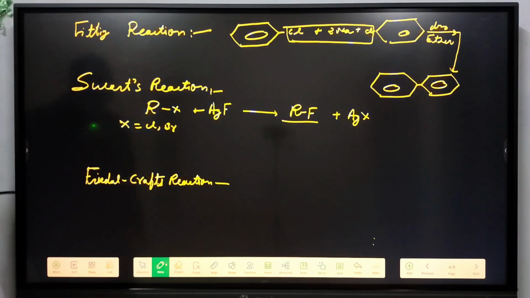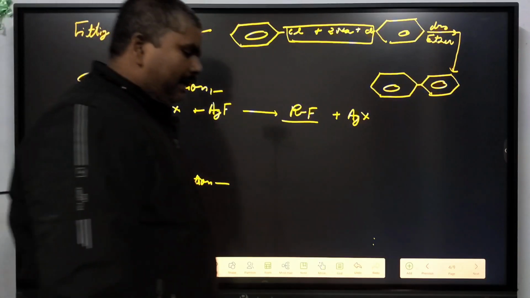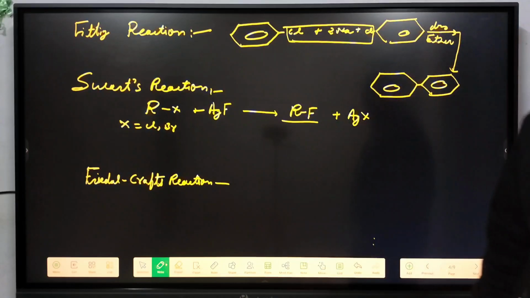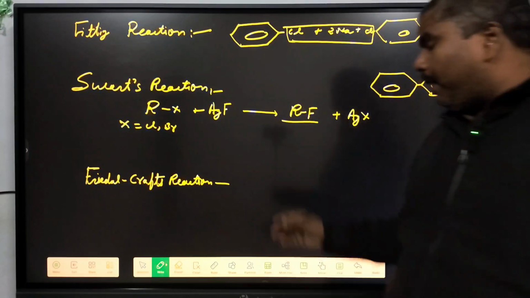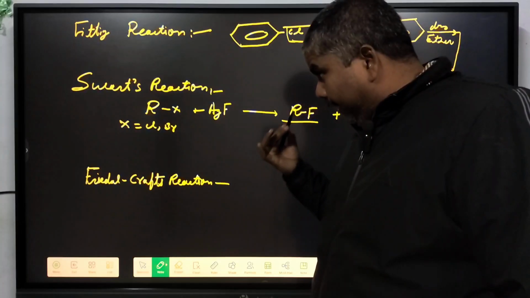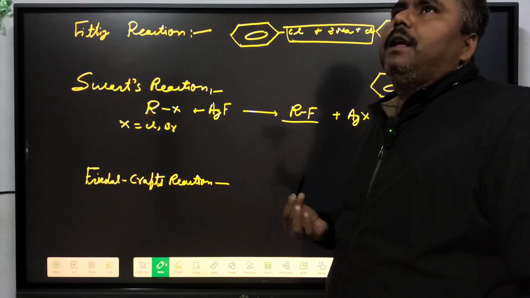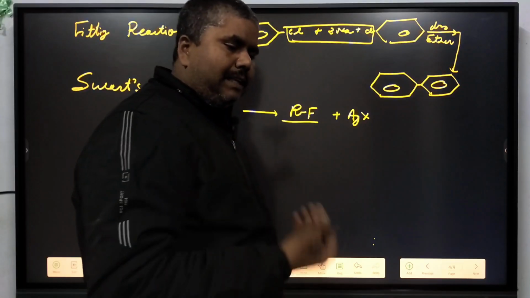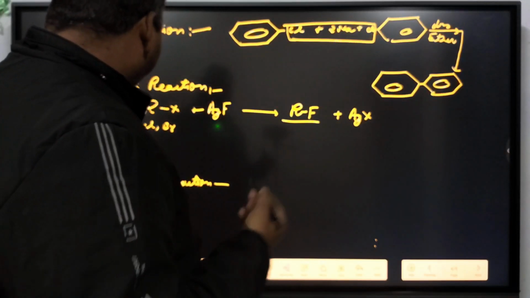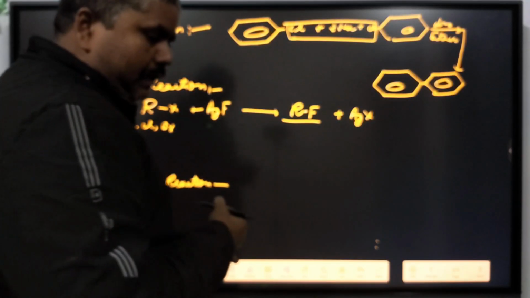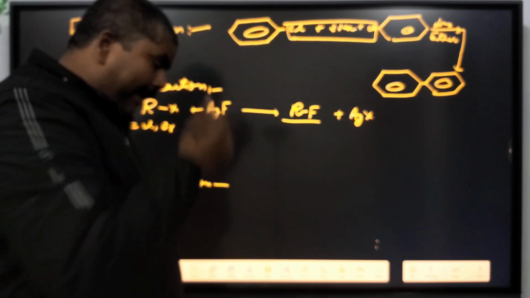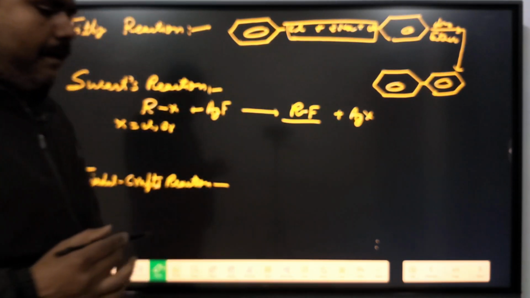Next reaction is Friedel-Crafts reaction. In this reaction, the alkyl or the acyl group enters the benzene ring in the presence of anhydrous aluminum chloride catalyst.